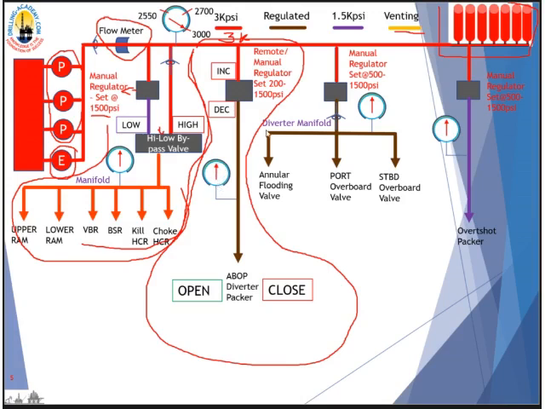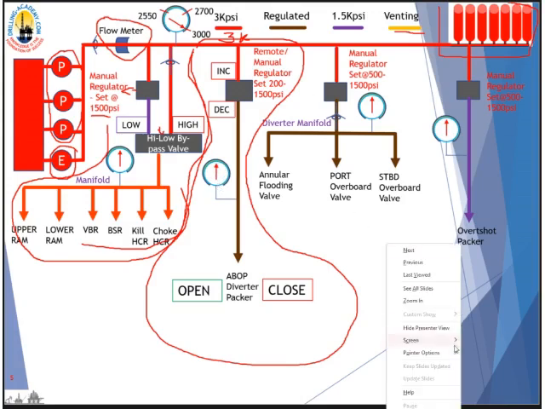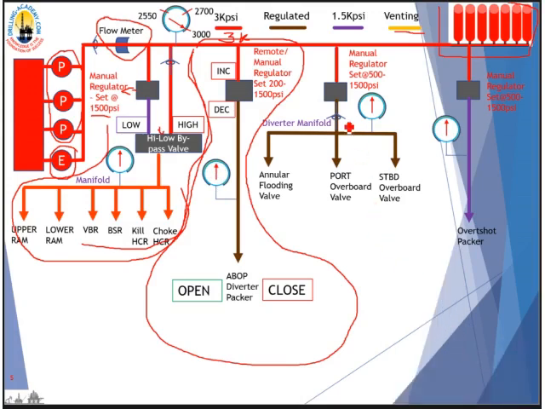All right. And the next branch is the diverter manifold. This branch here. It supplies power fluid to the annular flooding valve and the 2 overbore lines of the diverter system. The 3000 psi fluid is regulated by this manual regulator.